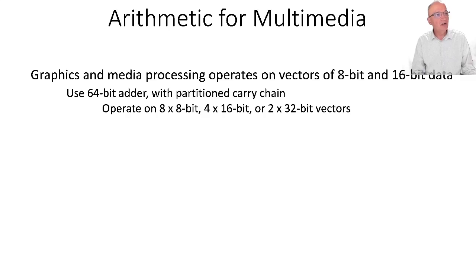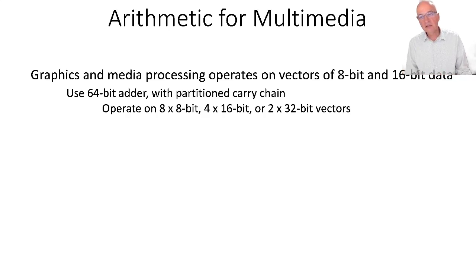So for example, if I have a 64-bit architecture, I can partition the adder, that addition that I do, in what is called a partitioned carry chain. So all I need to do to make an adder that was previously a 64-bit adder become 8-bit adders is to cut the carry chain every 8 bits or every 16 bits or every 32 bits.